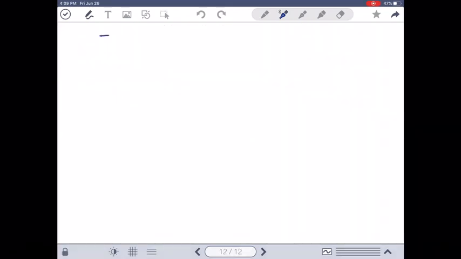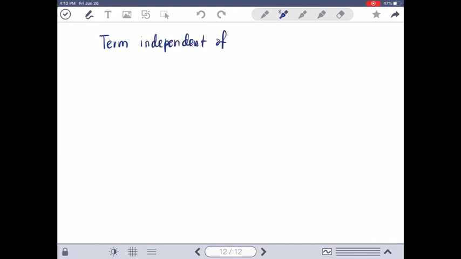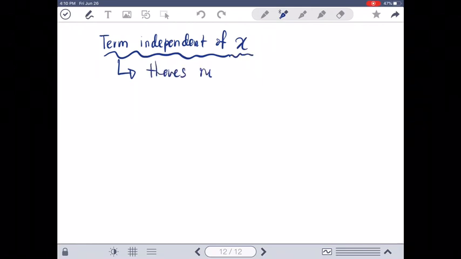Now I want to introduce the term independent of x. What does it mean by the term independent of x? So term independent of x means that there's no x in the term.